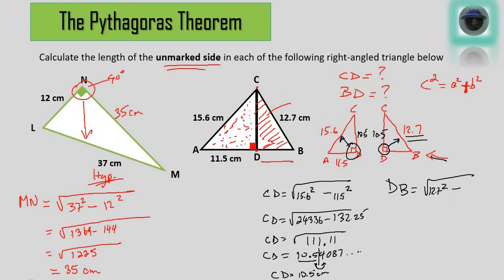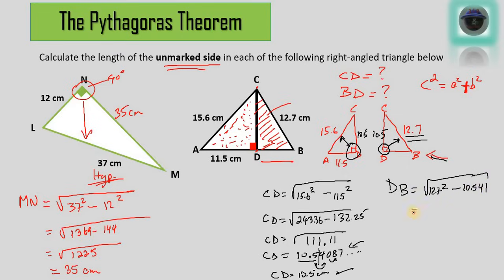Now, I'm not going to exactly use the 10.5. I'm going to use up to 3 decimal places, because 10.5 is a rounded figure. Let's go back to this. It's actually 10.54087, etc. So I want to use up to 3 decimal places so I can get an accurate figure. So it's 10.54, and the 0, I'm going to add a 1 to it because of the next digit. So it's 10.54, not 0, but 1.